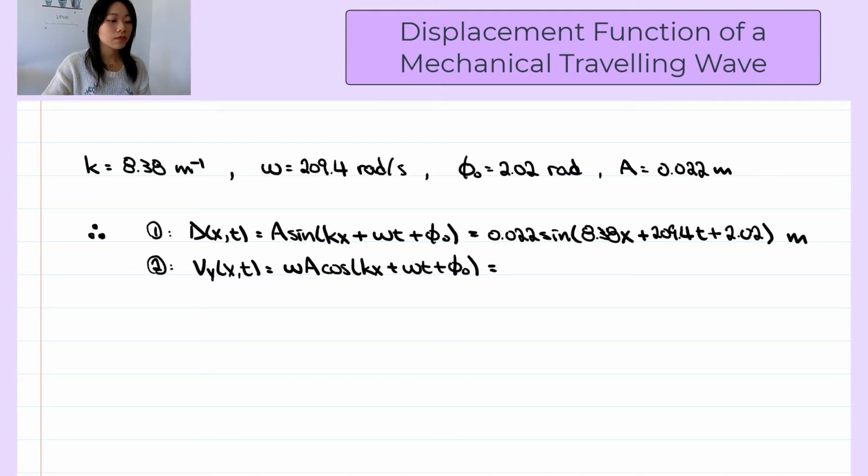Angular frequency times amplitude is 4.61, then cosine of 8.38, the wave number, times x, plus angular frequency 209.4 times time, plus the phase constant 2.02, and unit is meter per second.